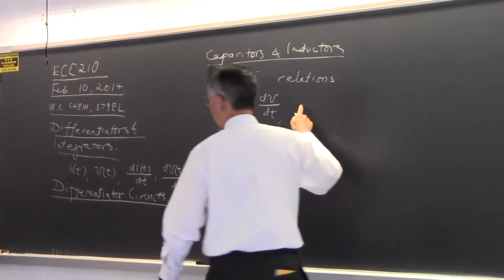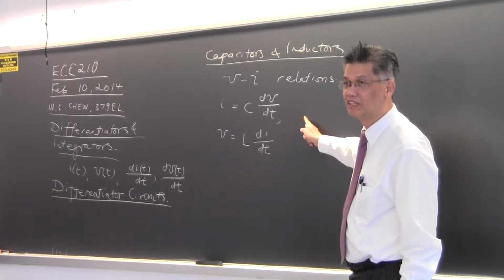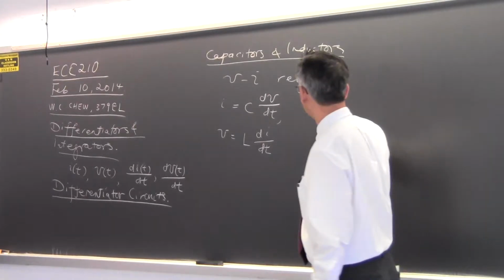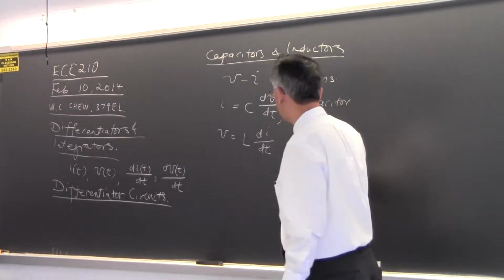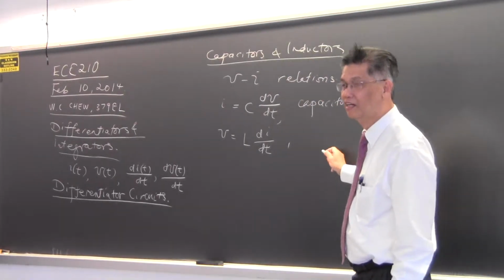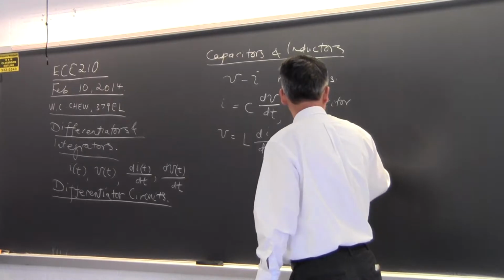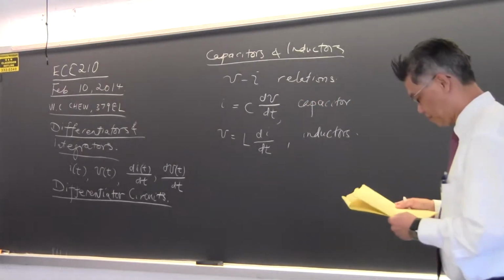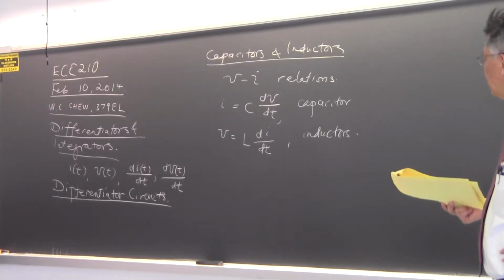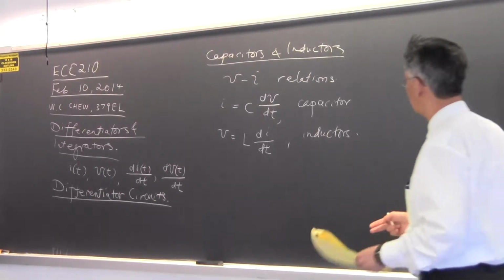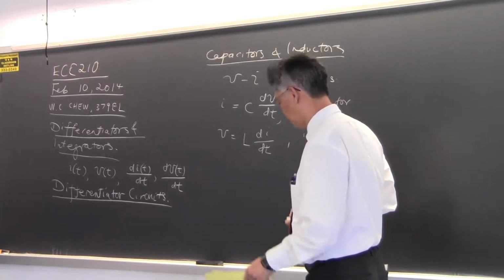So what is the first device that has this differentiation relationship? Anybody? Capacitor, right? It's a giveaway. And then the second one is the inductor. The C and the L are giveaways. So this naturally differentiates the voltage for the capacitor, and this naturally differentiates the current for the inductor.